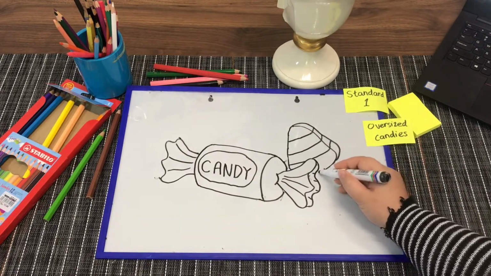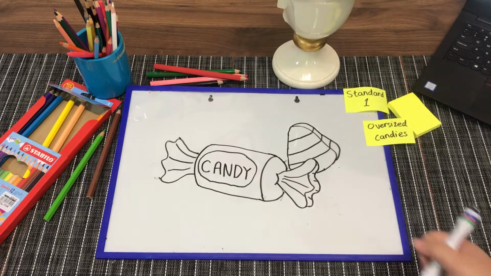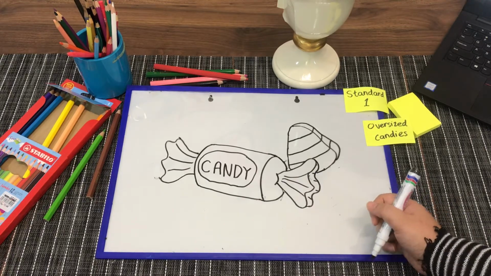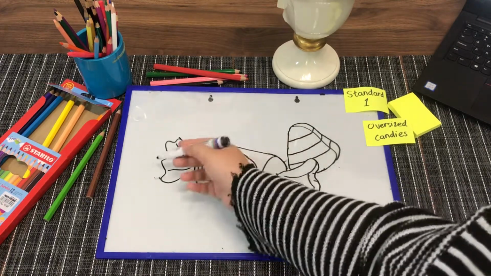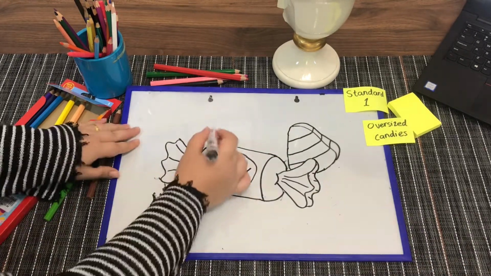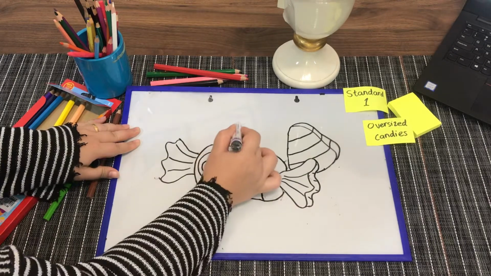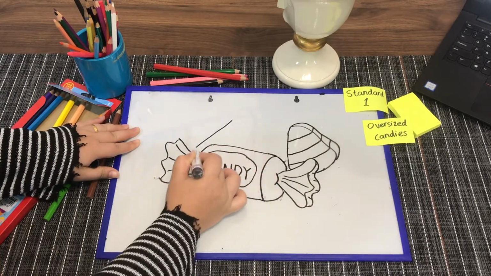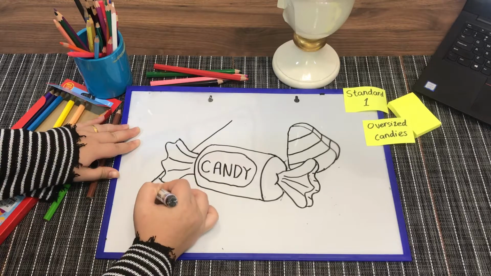That's my first gummy, and for the second gummy, you can try a teddy bear gummy, or you can try different candies. So let's say here I want to put a popsicle. Okay, I have a popsicle over here. This is the stick.